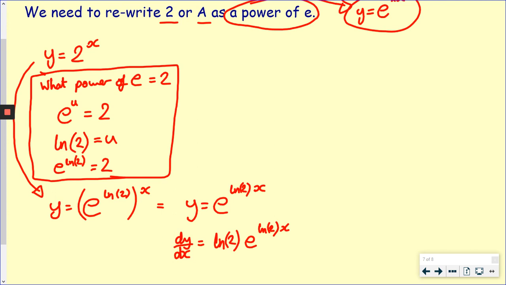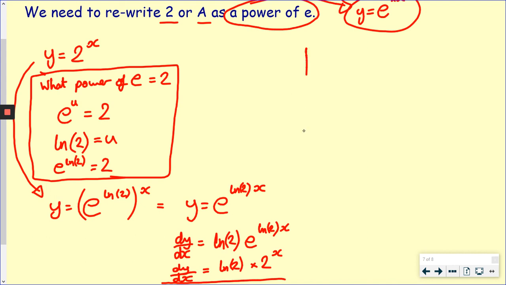That part of the function doesn't change. The last thing to do is just tidy this up a little bit, so we can say dy/dx is equal to ln 2, that doesn't really change, but e to the power of ln 2 is just 2, so we can multiply that by 2, and then it's all to the power of x, and that is our simplified solution.